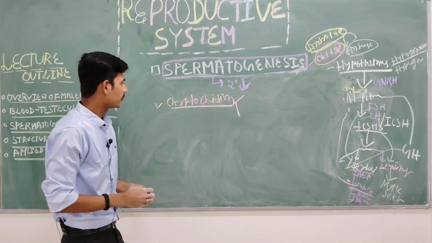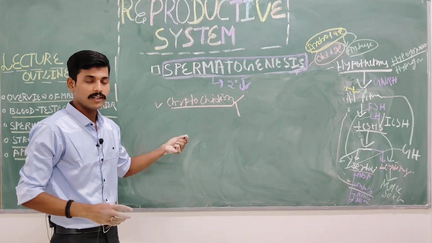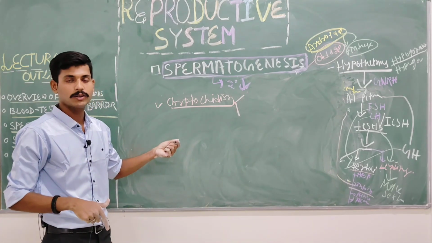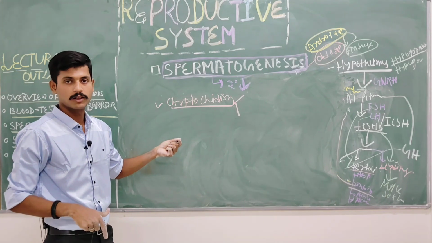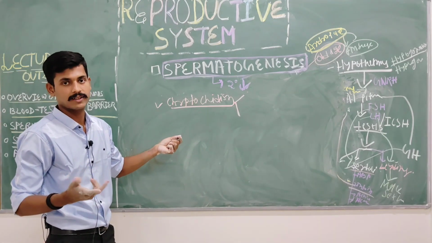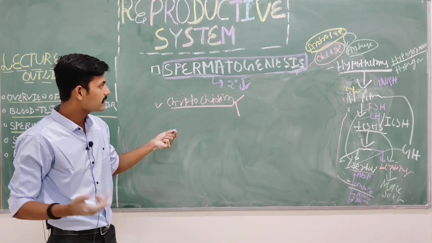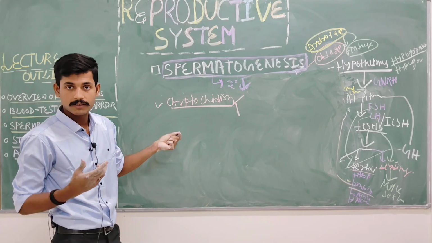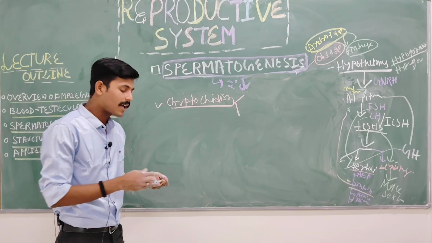So in the cryptorchidism condition, if the testes do not descend into the scrotum after the 7th month of pregnancy, they are only present in the abdominal cavity. So what will the person have?